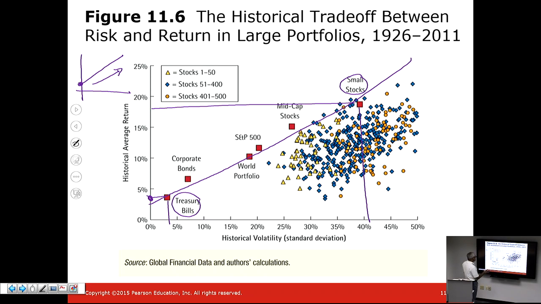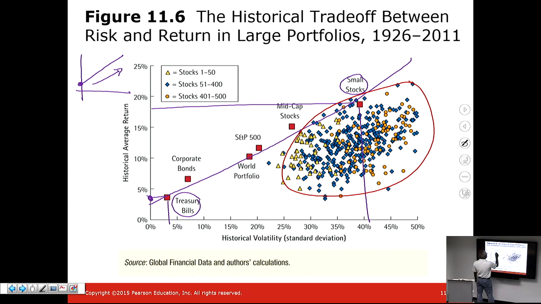But there's another interesting thing that is happening in this cluster over here. Look at this cluster. This cluster represents different types of stocks. Small stocks, mid stocks, large stocks. While the portfolios of these stocks line up pretty well, the individual stocks are kind of scattered. They're kind of all over the place.